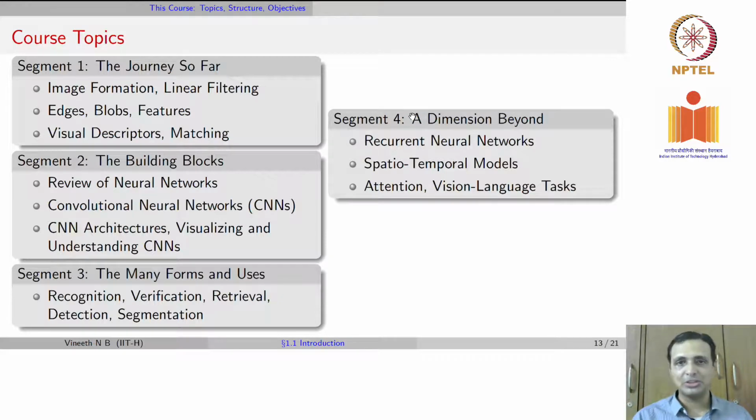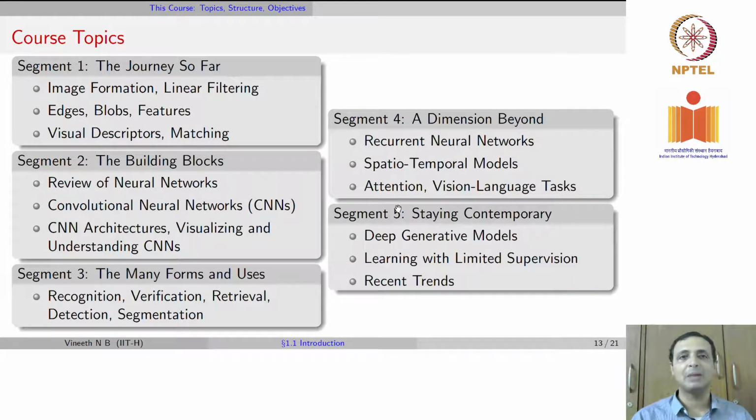We'll add a new dimension there, where we'll talk about recurrent neural networks, spatio-temporal models, where we'll talk about computer vision for video especially, action recognition, activity recognition, so on and so forth. We'll also talk about attention models here and vision language tasks such as image captioning, visual dialogue, visual question answering, so on and so forth.